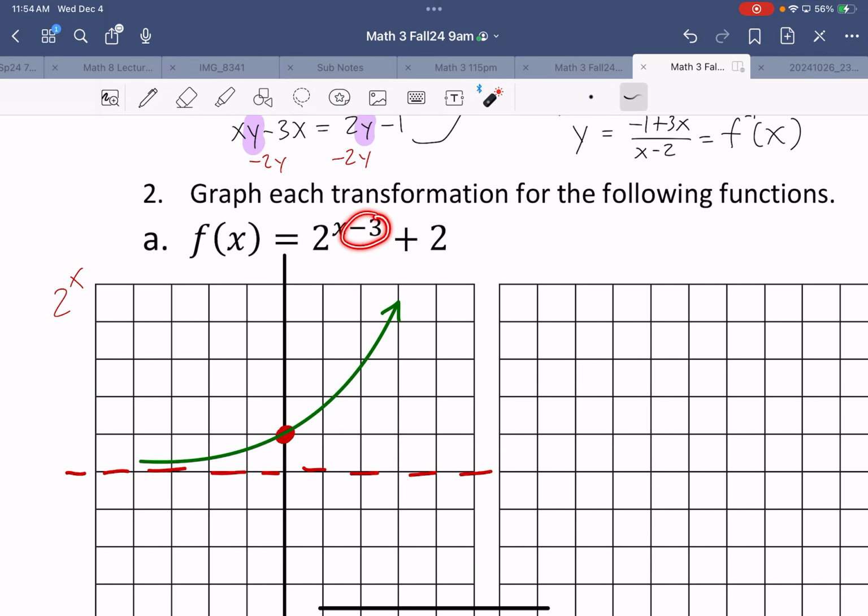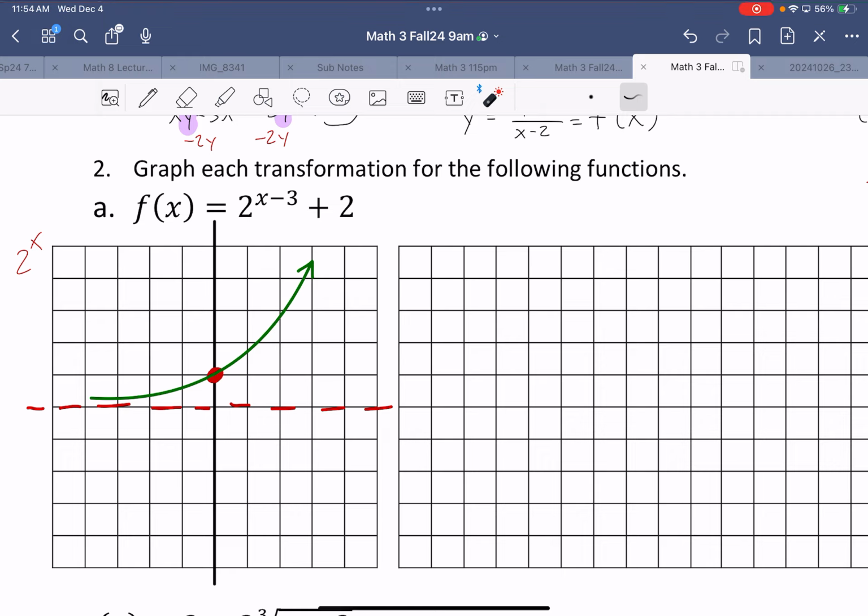But now that -3, remember everything inside happens opposite of what you think. So that -3 actually moves it to the right by 3. So it's going to be over here now. Now it doesn't change anything for your horizontal asymptote. That's still in the same place because moving 3 to the right doesn't change much, right?